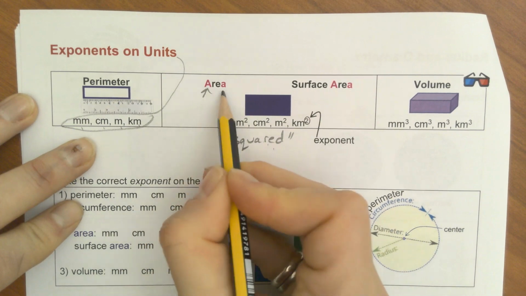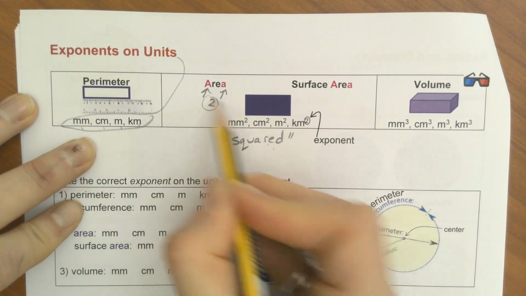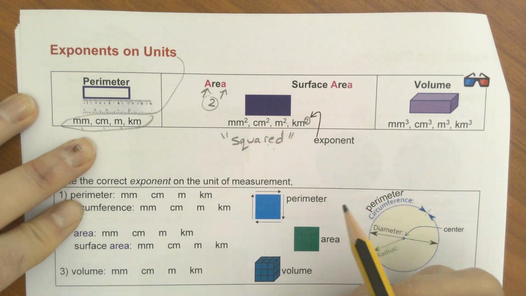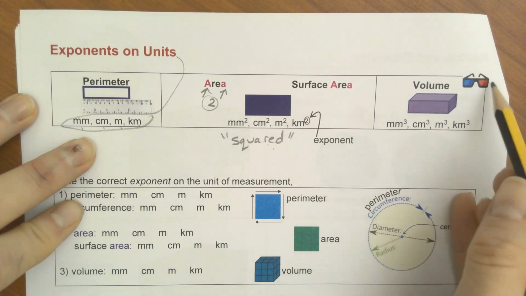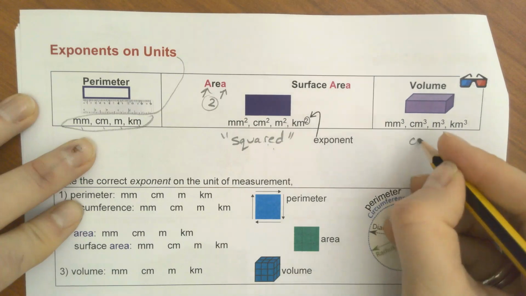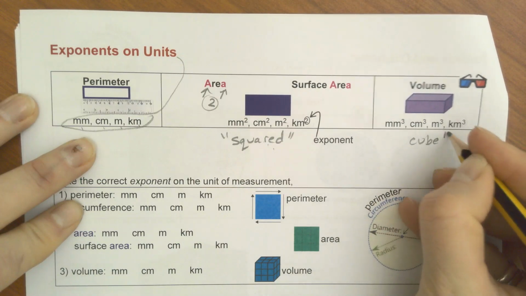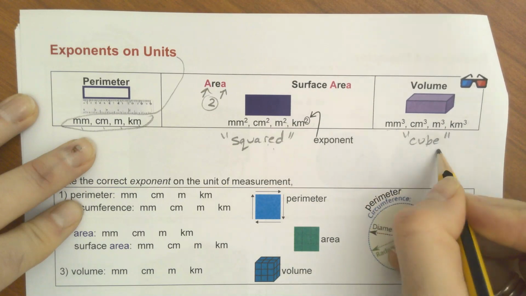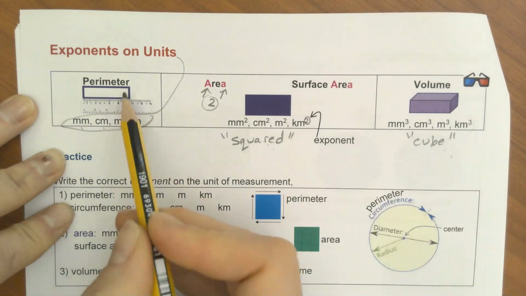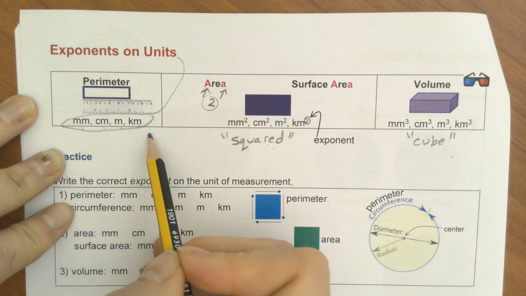Whenever we have area, there are 2 A's, so we have to put a 2 on the units. Volume is a 3D shape, so you put 3, and we say cubed. Millimeters cubed, centimeters cubed, meters cubed, kilometers cubed. And perimeter? Nothing. We don't put anything on it.